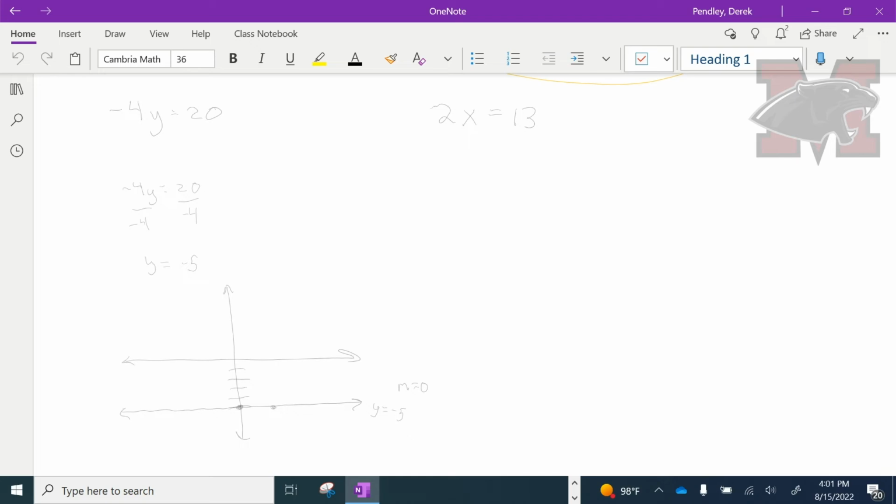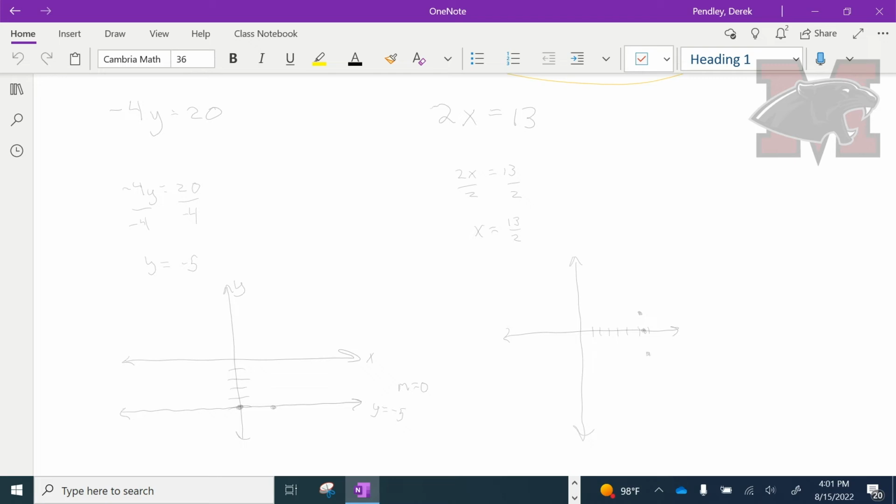Over here, I need to divide both sides by 2. So x is equal to 13 halves, which is 6.5. All right, so I go over 1, 2, 3, 4, 5, 6, 7, right in between there. And the x is there and there, all 13 halves.